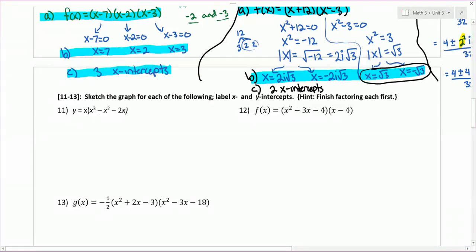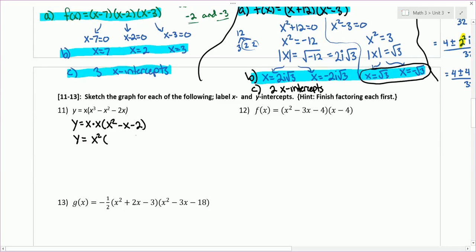Notice the x cubed minus x squared minus 2x, we can factor out an x. We already had an x out in front, so x times x, and then in parentheses we get x squared minus x minus 2. So y equals x squared, that's your x times x.